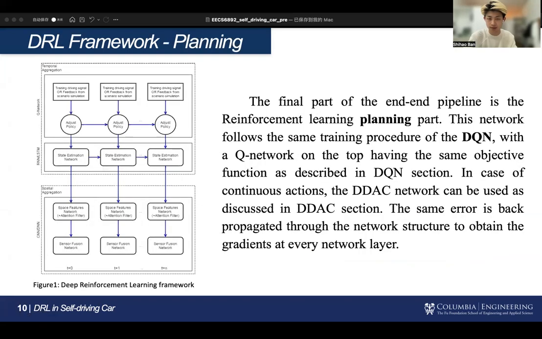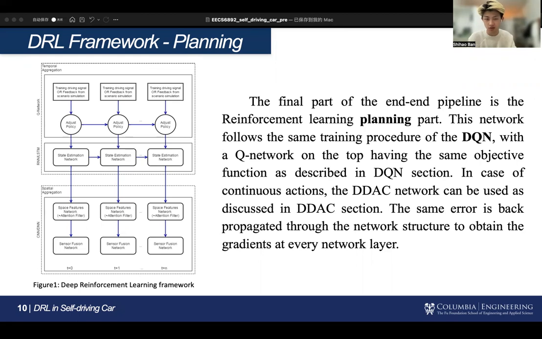And the last part of our end-to-end pipeline is the reinforcement learning planning part. This network follows the same training procedures of DQN, with a Q network on the top having the same objective function as described in the DQN section. Yeah, as we learned in our class.